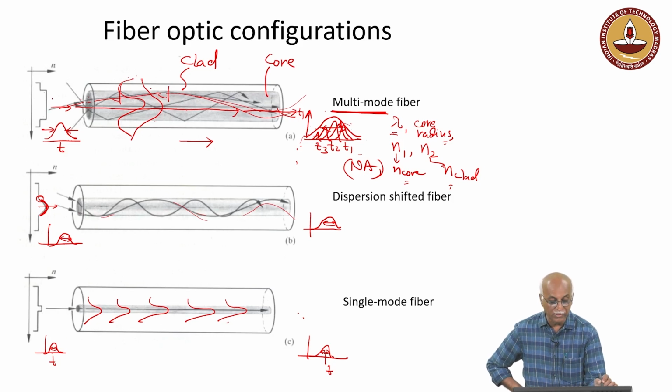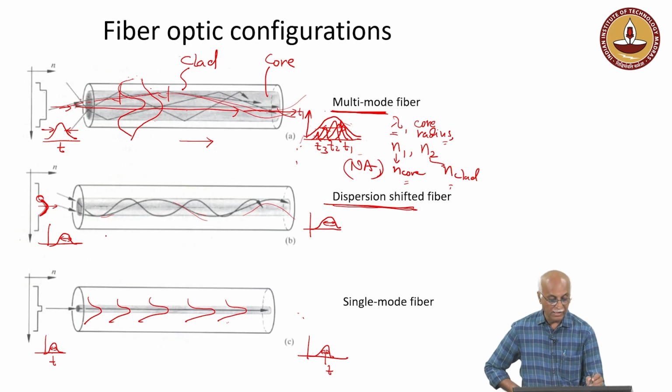So, the speed of the light is not much different in multimode fiber for all these different modes, while in case of dispersion shifted fiber, it is possible to confine the pulse broadening via refractive index change.